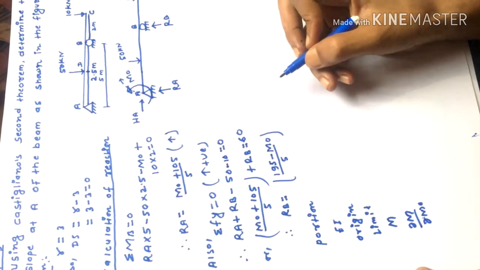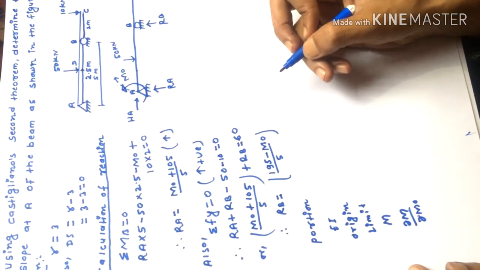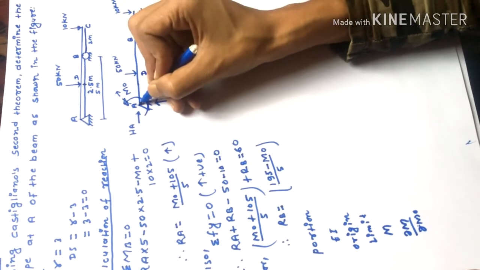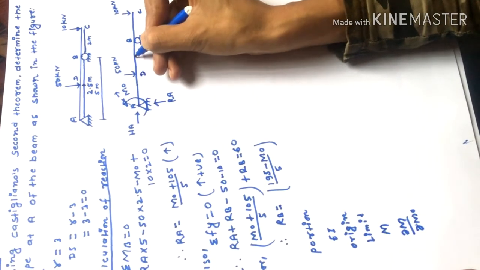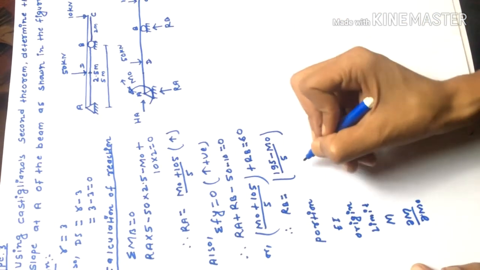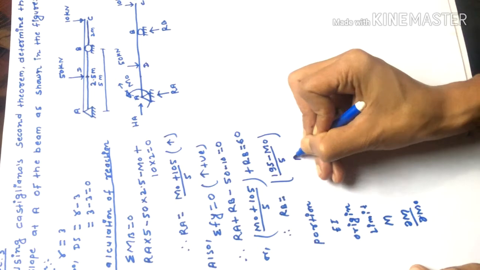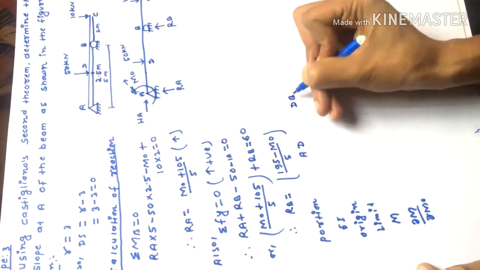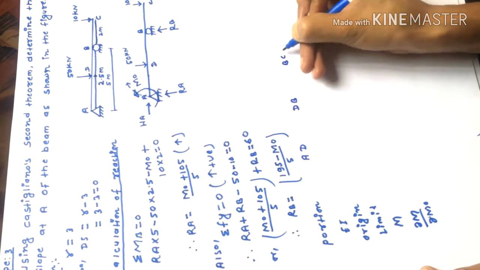Here in the figure we can see there are 3 portions. If this is point D, then AD is a portion, DB is a portion, and BC is a portion. So let us write: first portion is AD, second is DB, third portion is BC.